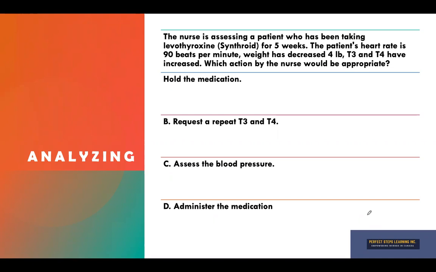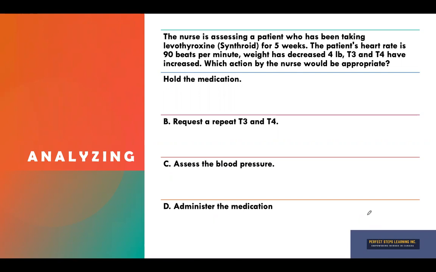Now, we already know it. You have to tell yourself, if you have to choose this answer, why am I going to request for this one? The next is blood pressure. You should assess your patient's blood pressure. Are these assessment findings not enough that I would be assessing the blood pressure, or is there any direct link between blood pressure and my thyroid function?